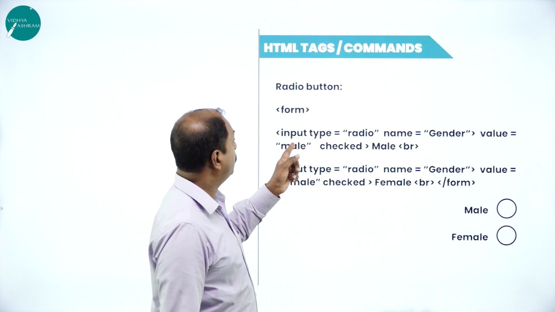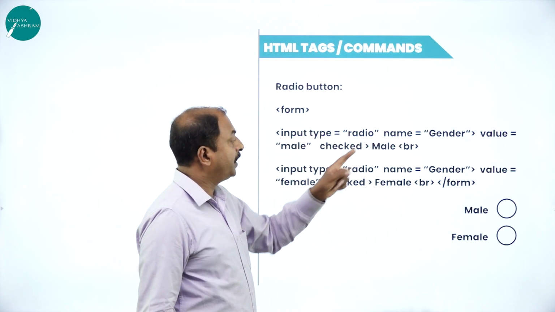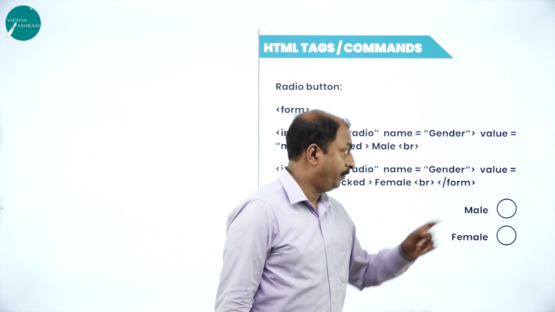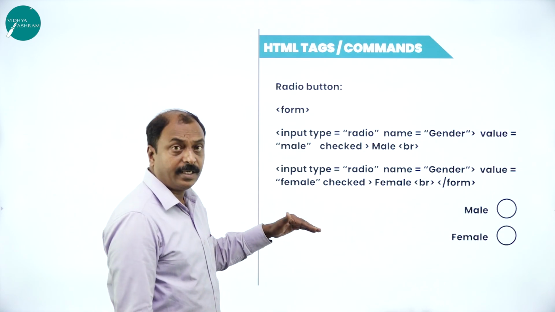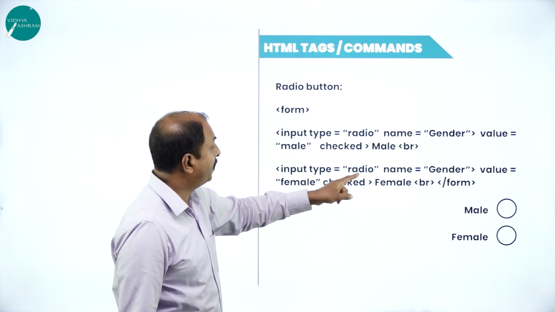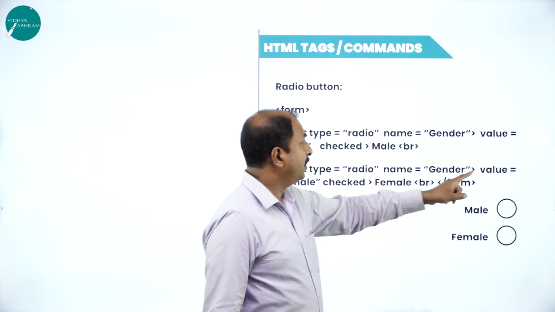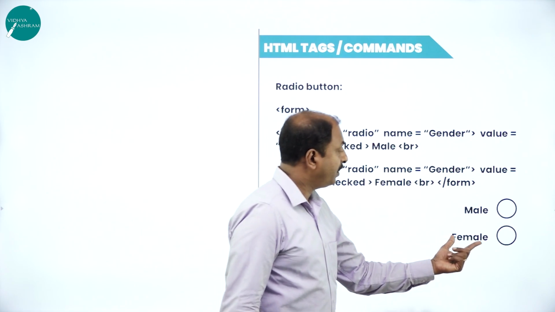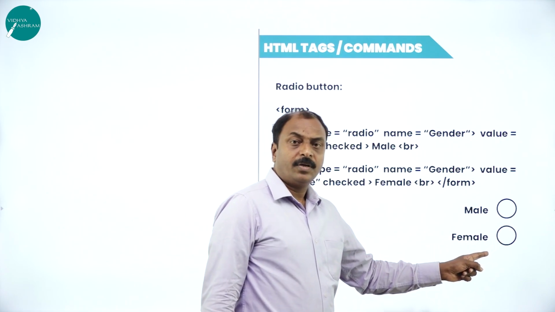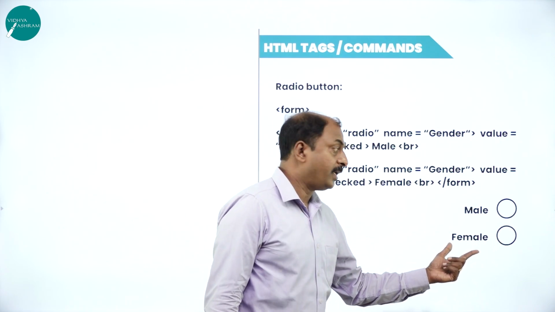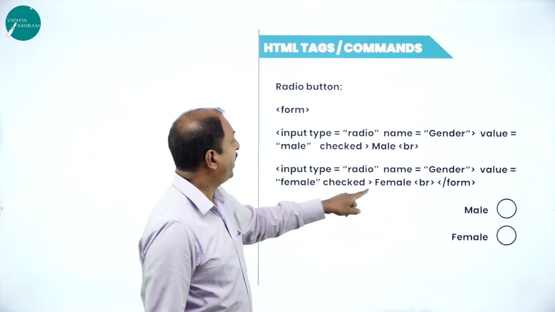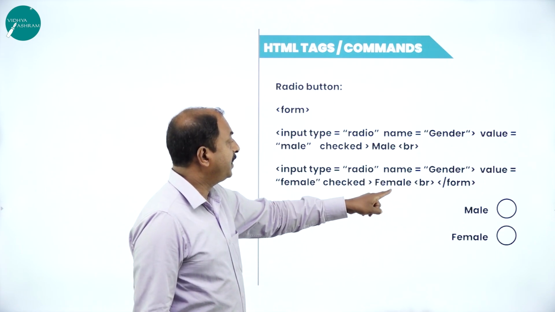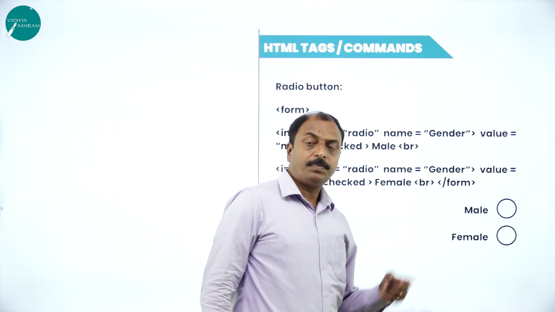So whenever you say input type equal to radio, it defines one radio button. Next line, again the same thing: input type equal to radio, name equal to gender, value equals female. Here the second radio button will be assigned the value female, and whatever is written here, female, is what is going to display here.